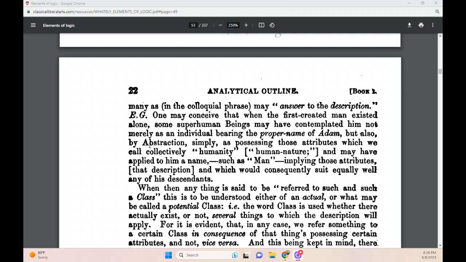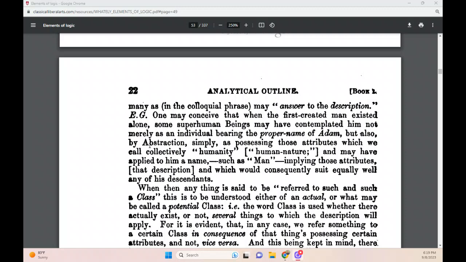So Adam was a man as an individual, but he was also man as a member of the class of human beings, things that possess the qualities of human beings. Because Adam possessed the attributes of a human being, he belonged to the class of human beings, and anything else that possesses the characteristics or attributes of a human being also belongs to that class.